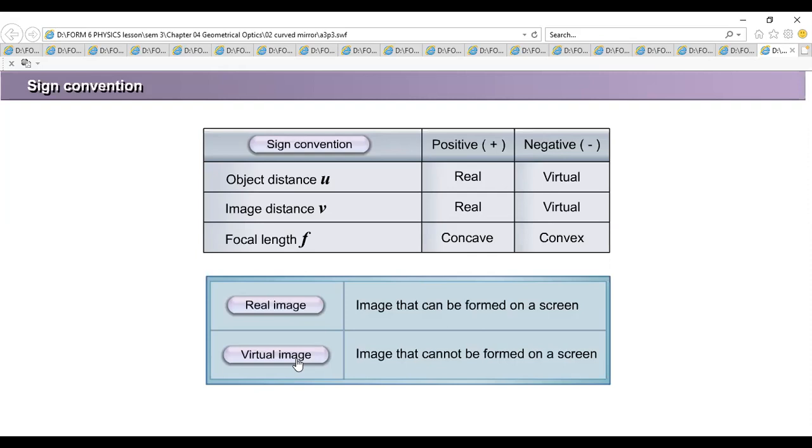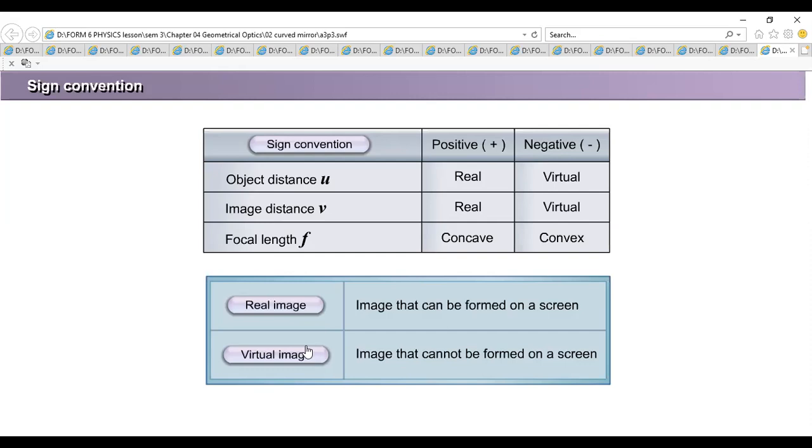Before we go through an example, let's think about it. If there is a real or virtual image, any real or virtual image, can we see it with our eyes? Can we see the image in or on the optical instrument? For example, a plane mirror.